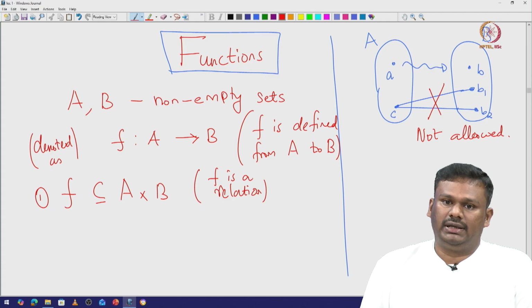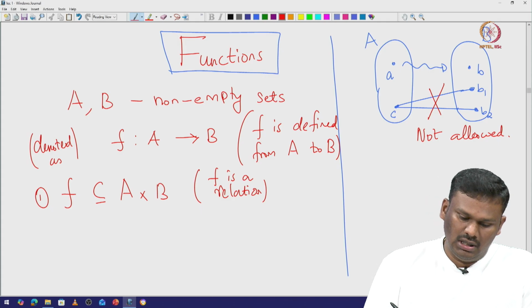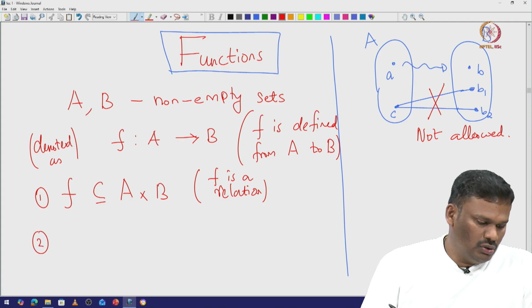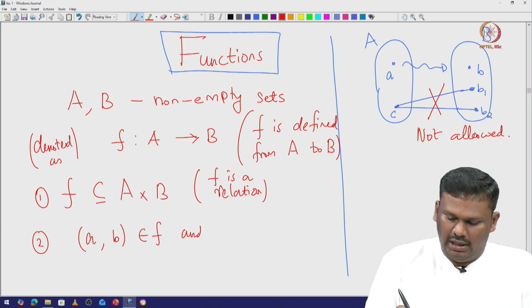Now, it is not just a relation, it has to satisfy some property. What is that property? Let us take some element a in A. Suppose (a, b) is in f and (a, b') is in f.